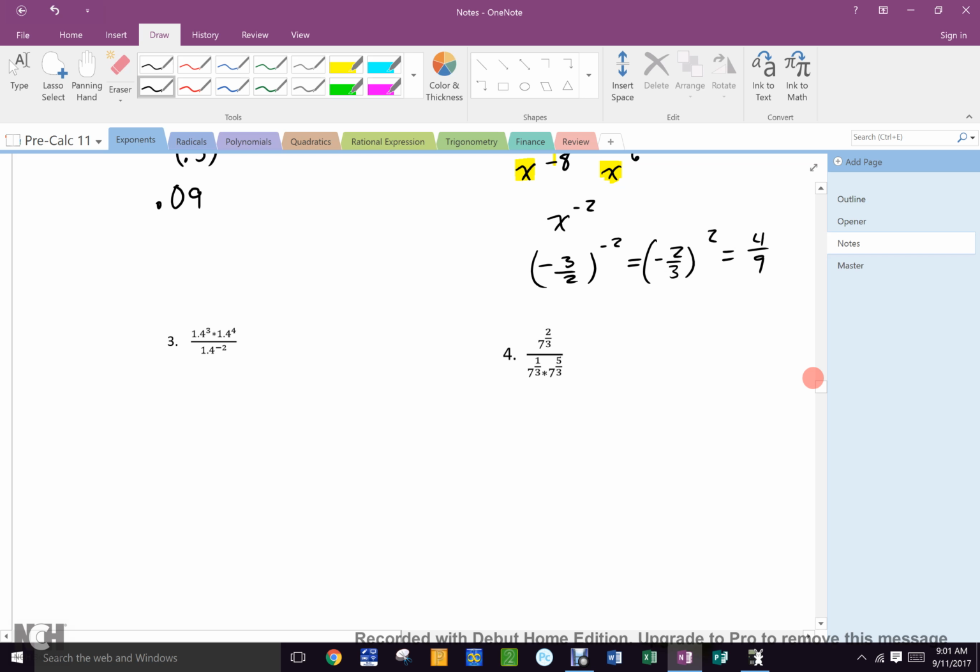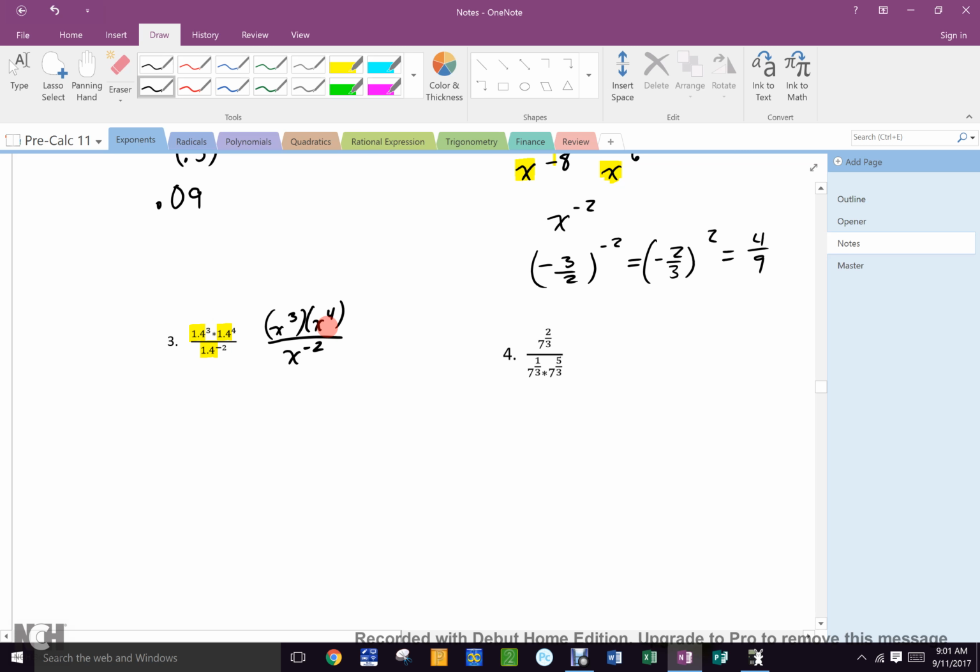Okay, you guys do 3. Looks weird, but is it? What do you notice about that, and that? They're the same base. So, is it just a regular math question, even though it looks weird? Yesterday I would have given you this question. It would have looked like this: X cubed, x4 over x to the -2. And everybody could have done it.